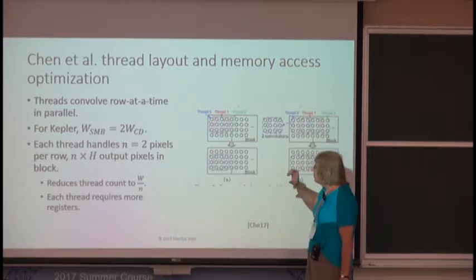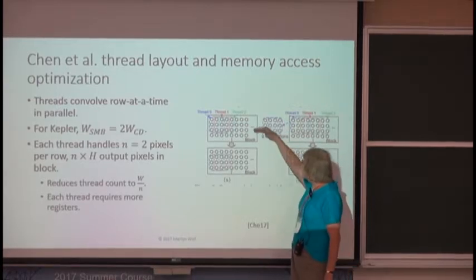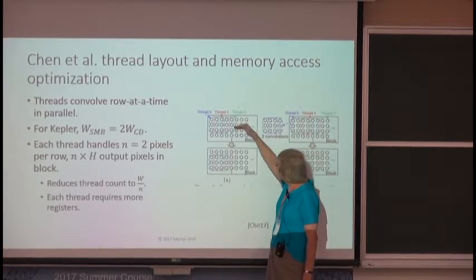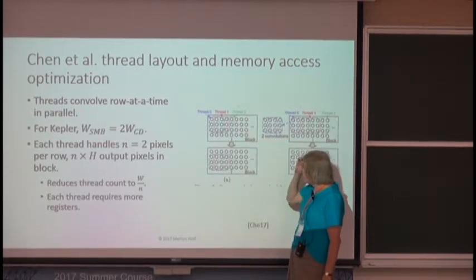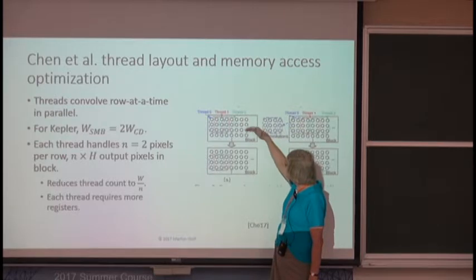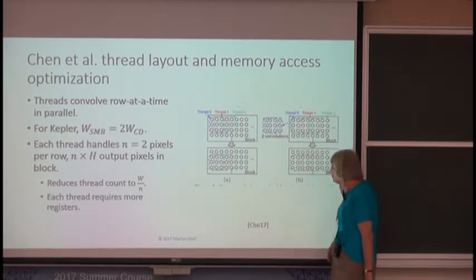Okay, so we're going to do the convolutions a row at a time. Right, if we have this two-dimensional array, we're going to do a row, do the next row, then the next row. And we want to maximize parallelism in a row.